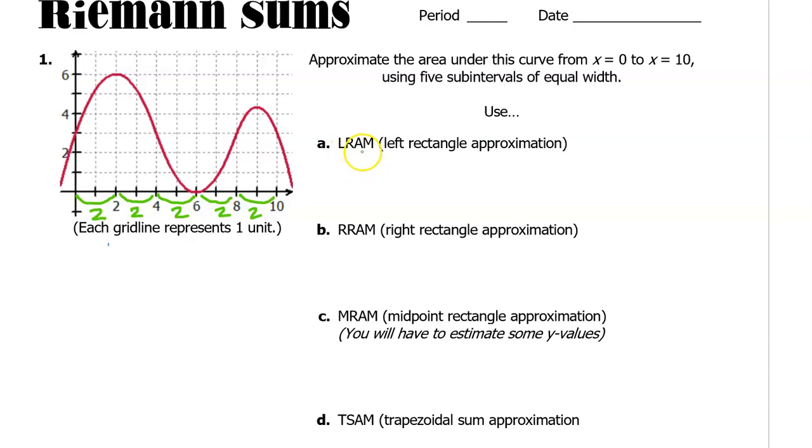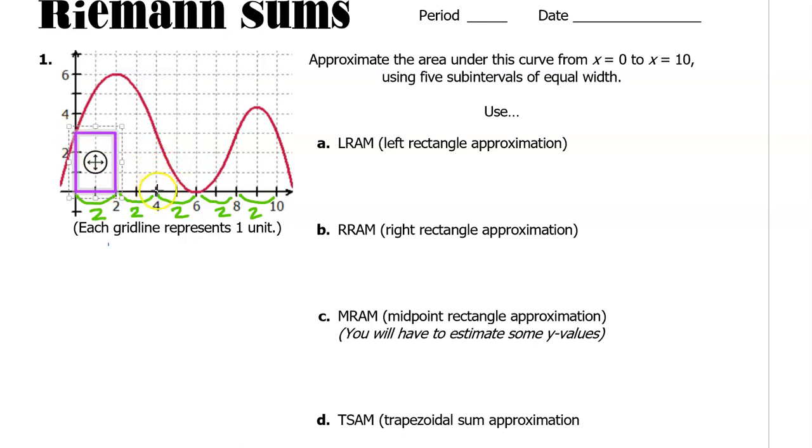So the left rectangle approximation method means that we are supposed to draw rectangles that have the width of each interval, but the left side of the rectangle touches the curve. So the left side of each rectangle, the height is going to be the value of the function at that corner.